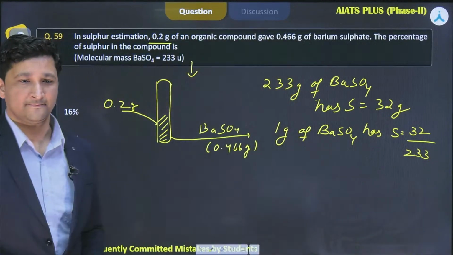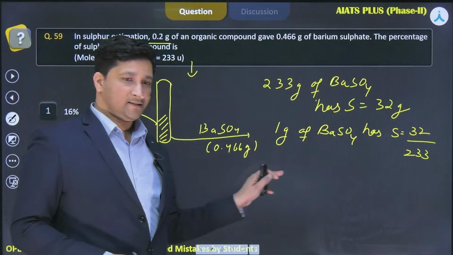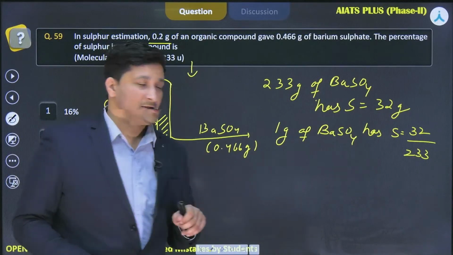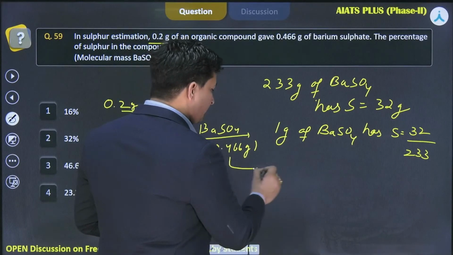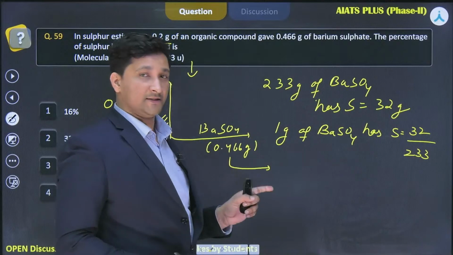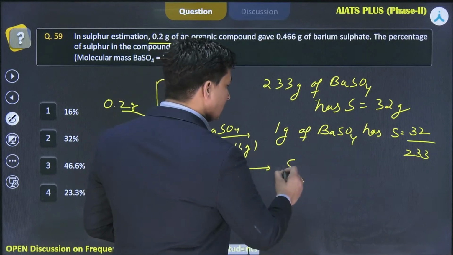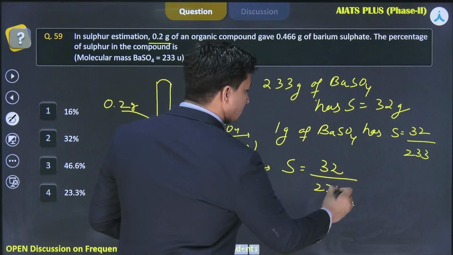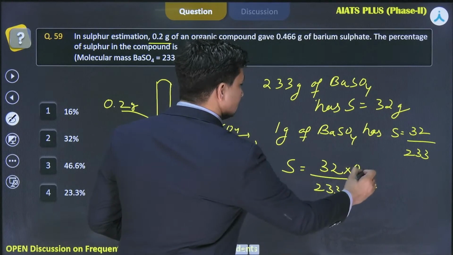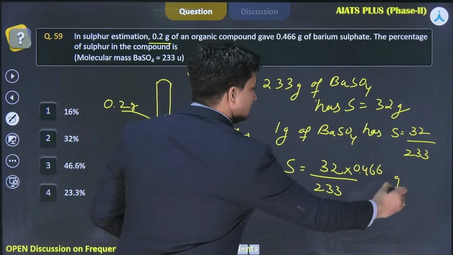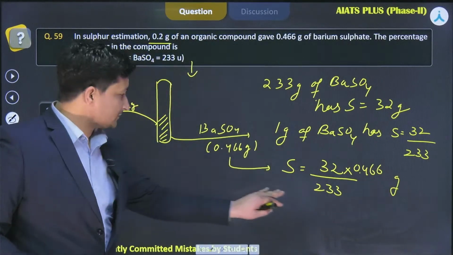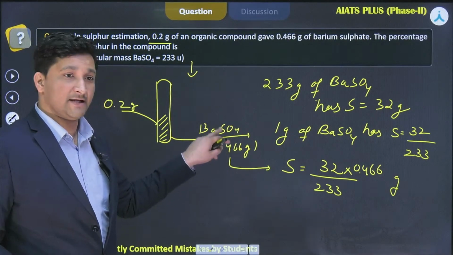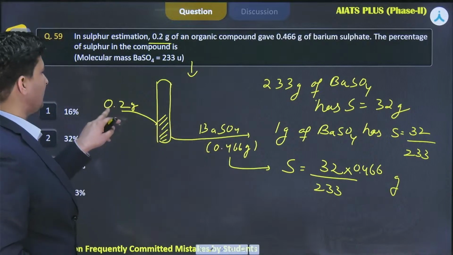Simple unitary method. Now you can see that you actually obtained 0.466 gram of barium sulfate. So 0.466 gram of barium sulfate will contain sulfur equal to 32 by 233 multiplied by 0.466 gram. This is the actual amount of sulfur present in barium sulfate, and this is the actual amount of sulfur that was present in our compound.